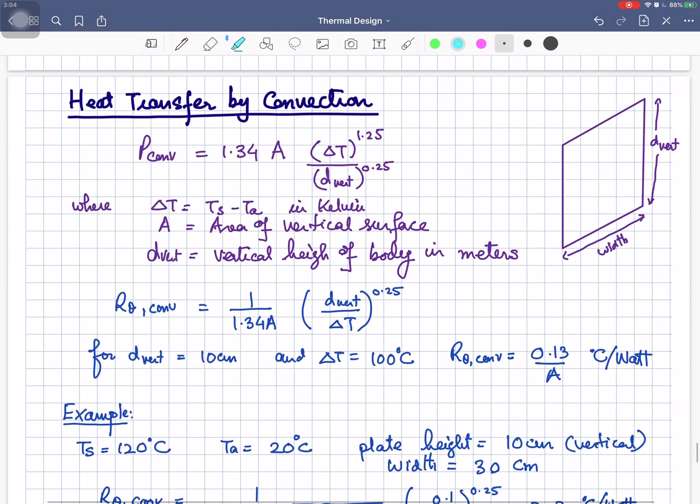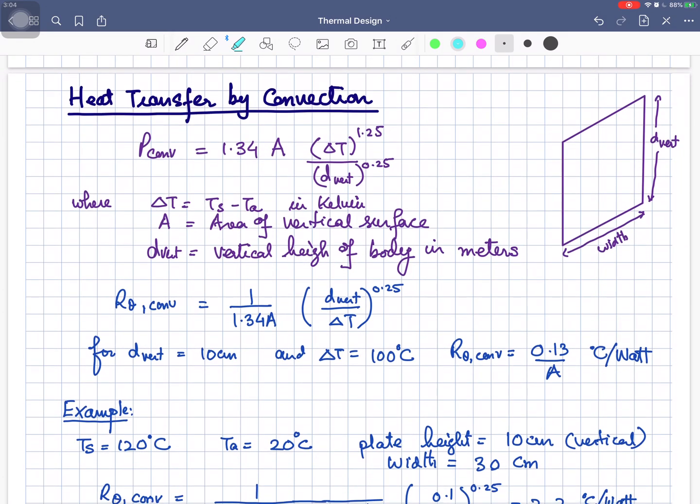Now let's look at the heat transfer by the convection process. The power that is dissipated or transferred is given with the help of this equation. That is 1.34 into area into delta T power 1.25 divided by d vertical. So we have considered a sheet, you can say, whose vertical height is d vertical and width is W, and the thickness is very small.